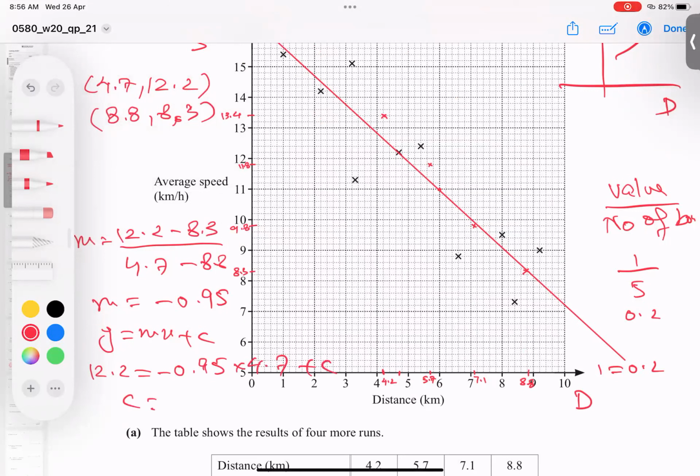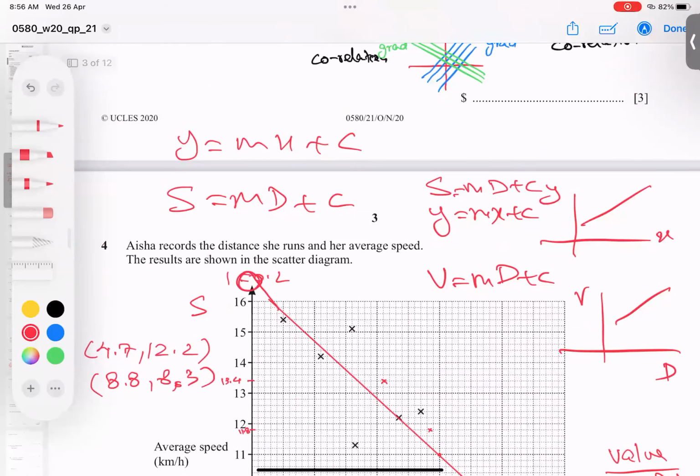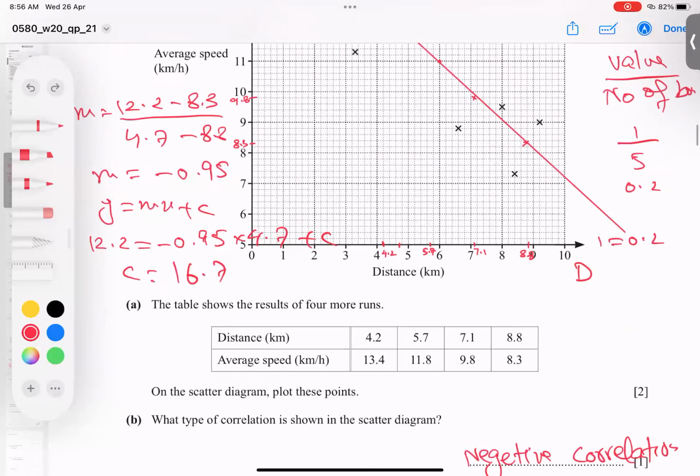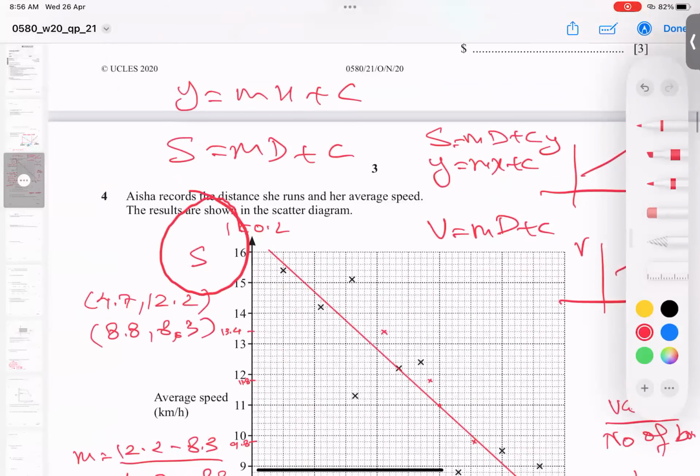I'm typing in the calculator: 12.2 and minus this one. I got a c value of 16.7. Look here, it is approximate. It is meeting somewhere above 16. It means the answer I'm getting is correct. And for the final answer I'm writing y equals mx plus c. But now what is along y? We have the variable s.